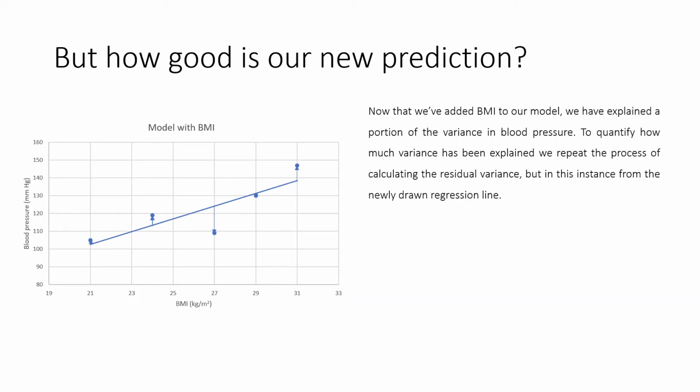So what we'll be doing again is we're going to repeat the same process. We're going to determine the square differences again, and we're going to look at how much of those square differences have been explained by adding this new regression line.